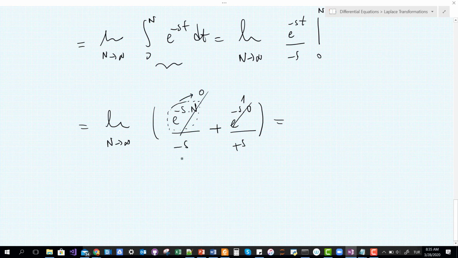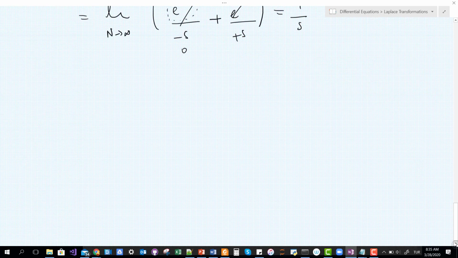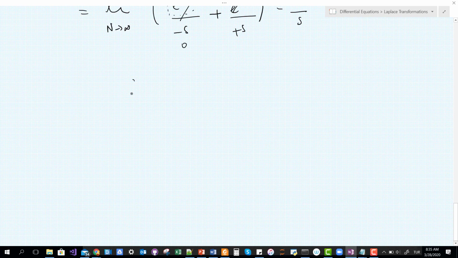So this term is going to be 0, and my result is going to be 1 over s, guys. So I can formalize it this way: the Laplace transform of the function 1 is equal to 1 over s, when t is bigger than 0.